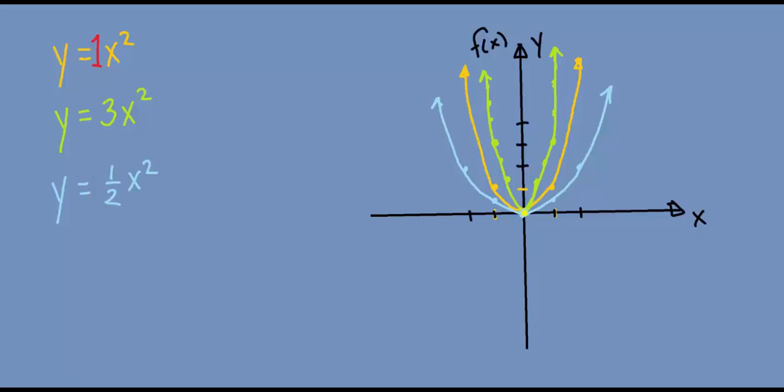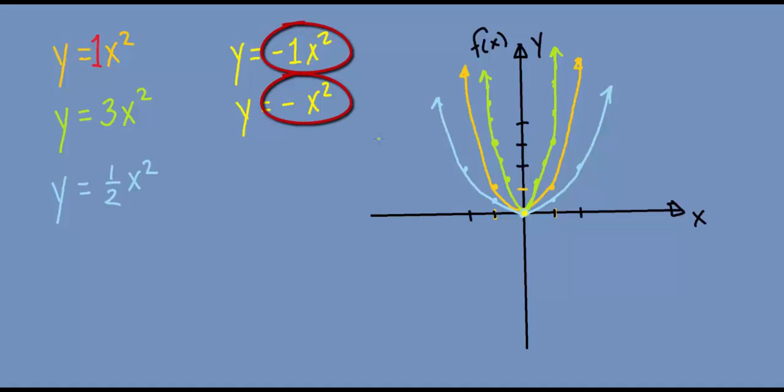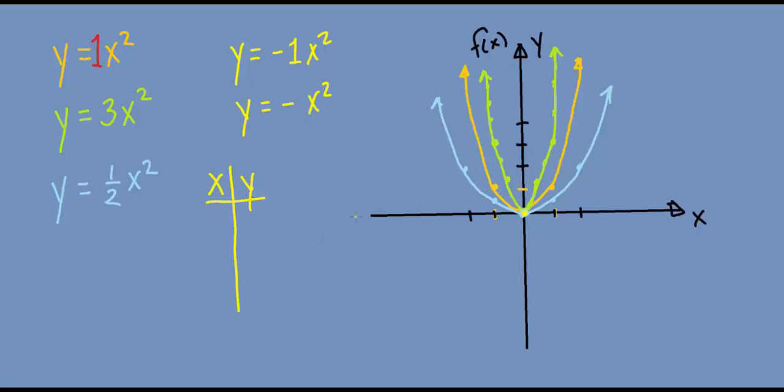What if that number out in front that's being multiplied by the x squared were negative? And let's take the simplest possible example of -1. So in other words, what if we had not y equals 1x squared, but -1x squared? And normally you wouldn't see the 1, you'd just see the negative sign, right? Those two things mean the same thing. Invisible 1. All right, quick table of values. Quick plug in 0 for x.